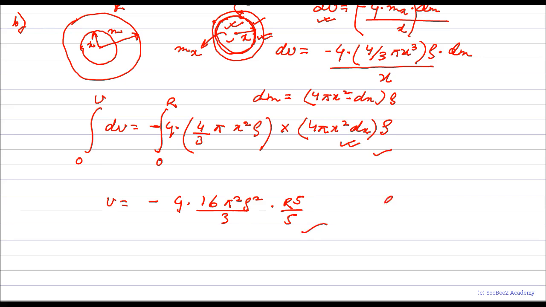Now rho can be replaced as m, that is the mass of the sphere, upon 4 by 3 pi R cube.